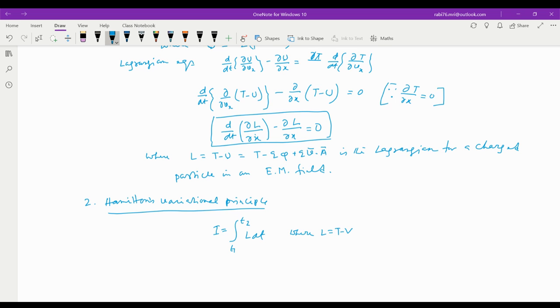I am again stating: the line integral I equals integral of L dt from t1 to t2, where L equals T minus V, is an extremum.